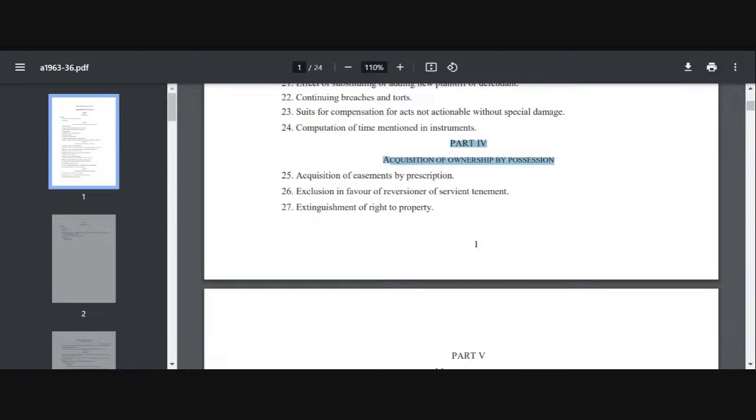After 5 parts, we have the schedule, right? Where the period of limitation is given, and the schedule is divided into 3 divisions: first division, second division, and third division. First division relates to suits, second division relates to appeals, and third division relates to applications. There are model forms also in the Act, but we will not go through that.